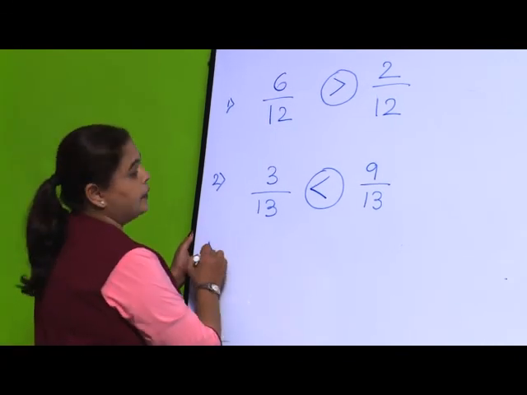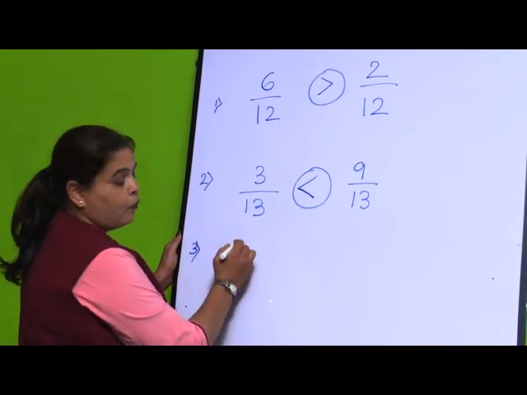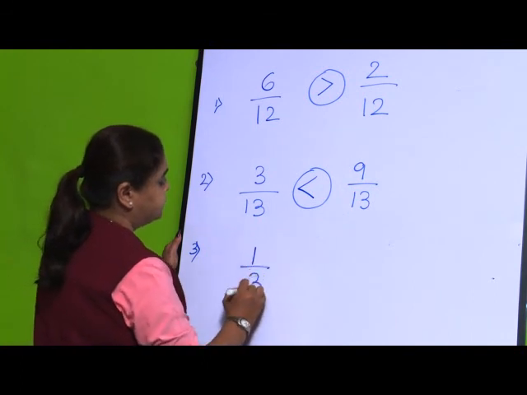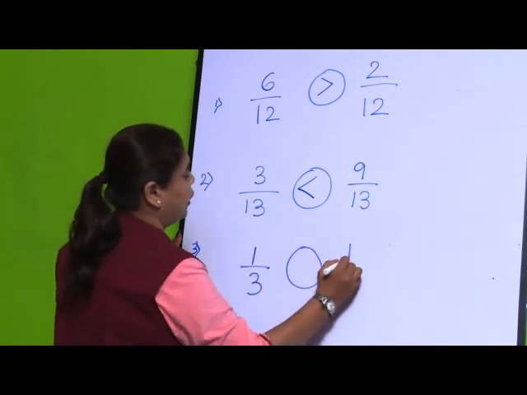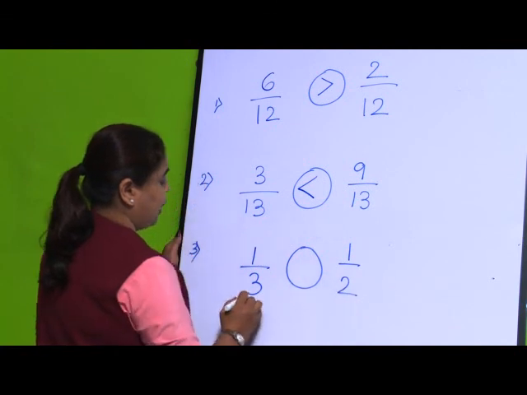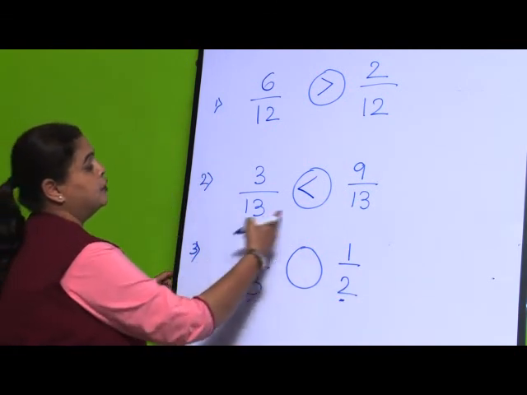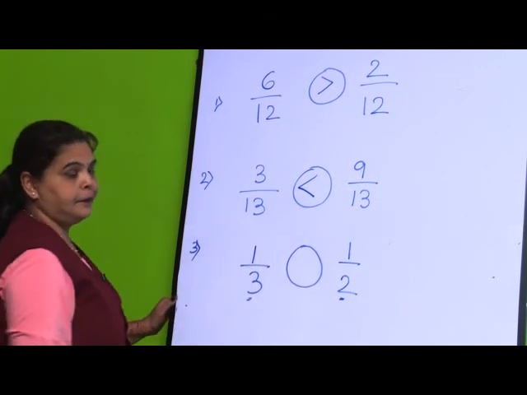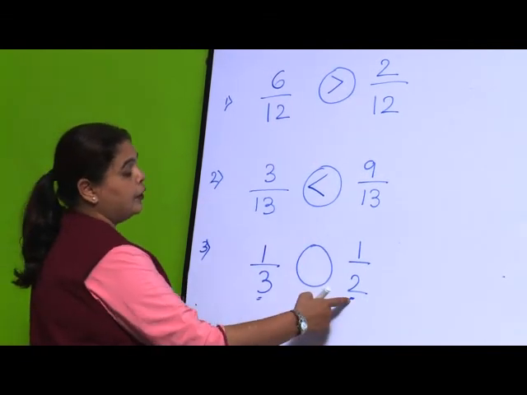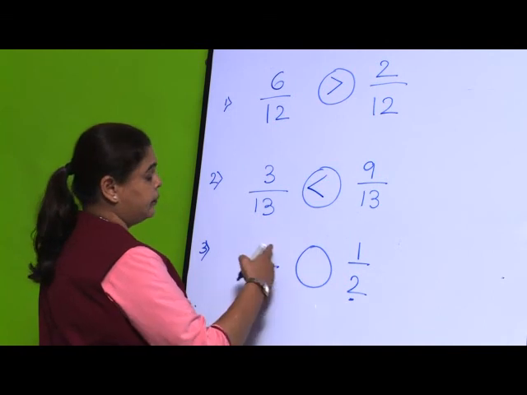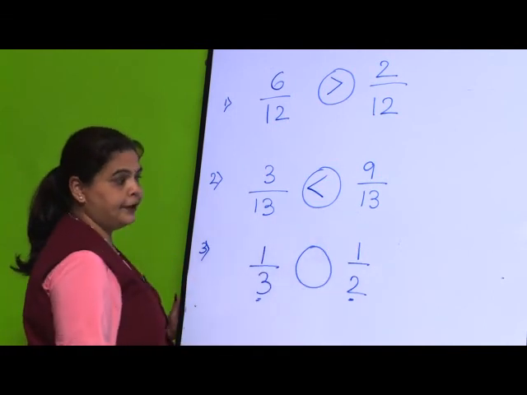One more example we will see is 1 upon 3 and 1 upon 2. Now, you might be thinking that both the denominators are different, whereas earlier both the denominators were the same. So, what to do? Here both the denominators are different, but we have the same numerator.